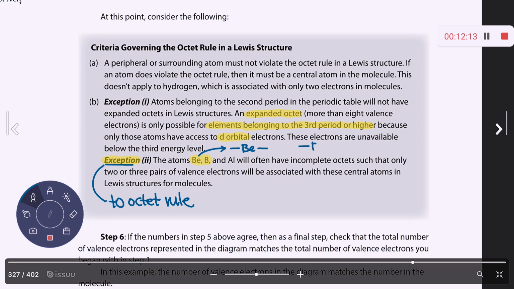Boron wants to have 3 bonds because it only has 3 electrons to share. They also say the same thing about aluminum, but I really don't think you're going to have that ever in this class, so I wouldn't worry so much about that. The other exception would be hydrogen. Hydrogen only has 1 valence electron to share, so hydrogen only wants a single bond coming off of itself at any time.